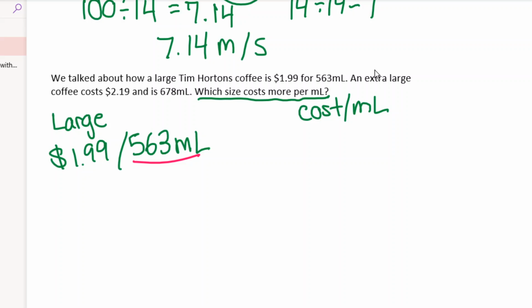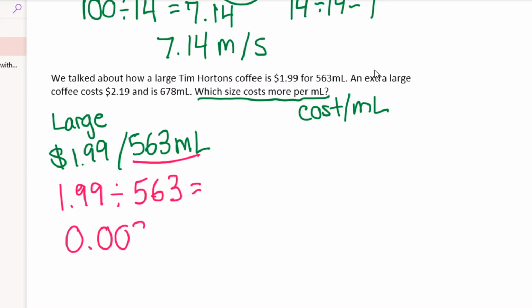All right. We grab our second number and we divide by it. So $1.99 divided by 563. That's going to give us a really small decimal. It is 0.0035 dollars per milliliter.